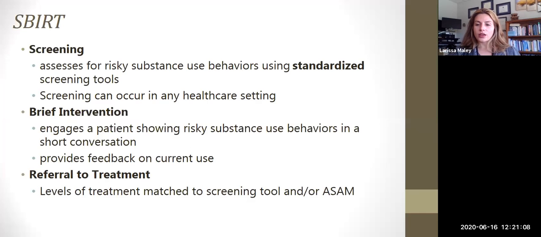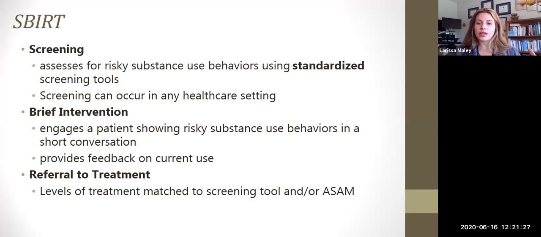SBIRT is another model that has been studied pretty significantly within emergency room settings, but can be applied to other outpatient settings. And what it stands for is screening, brief intervention, and referral to treatment. And so what it's doing is standardizing the clinic workflow.